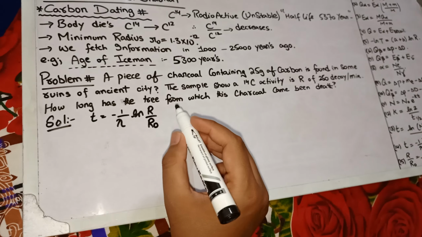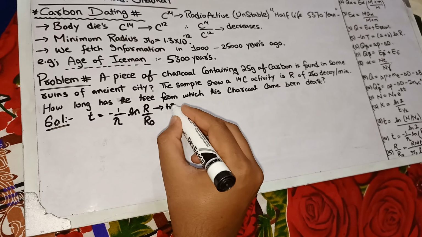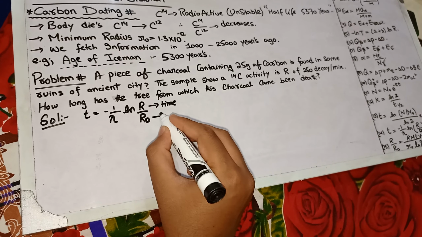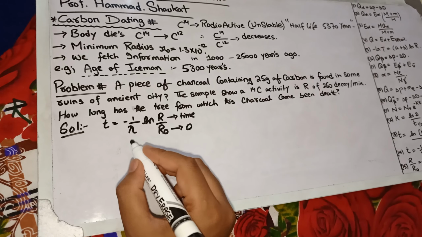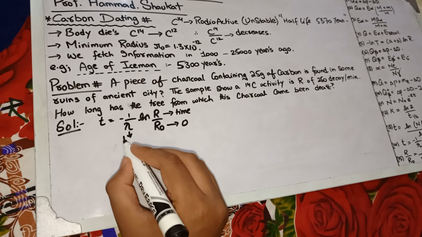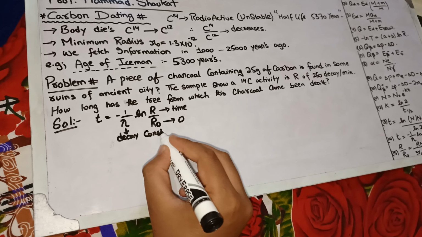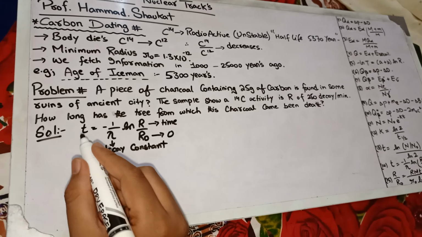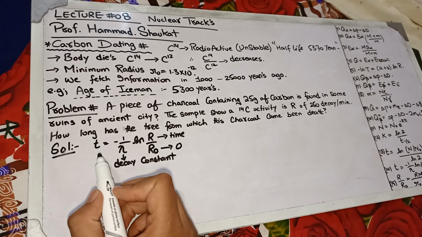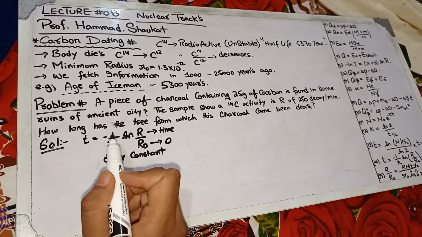Here r is the activity at time t, r naught is the value at time 0, and lambda is the decay constant. This is how you can find the time period of any body. In this case, you have to find it.